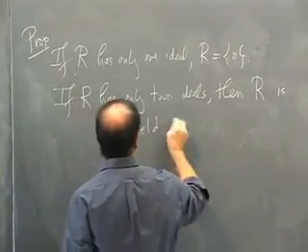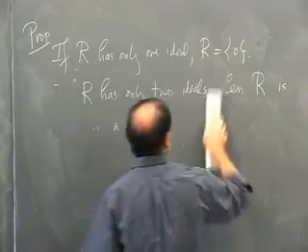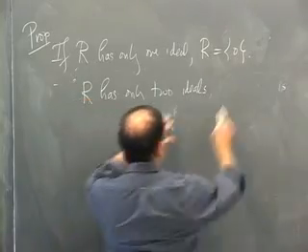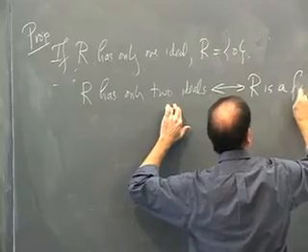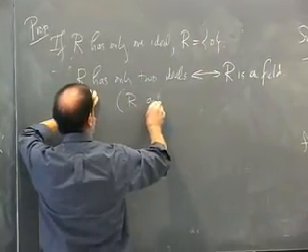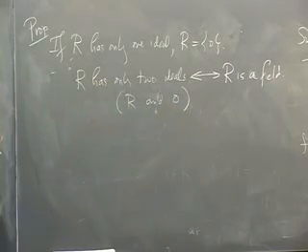In fact, if and only if R has only two ideals, if and only if R is a field. And of course, those two ideals are R and the zero ideal. So that's an interesting characterization of fields.